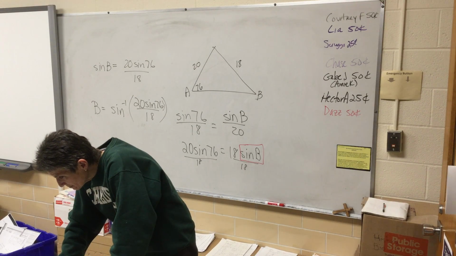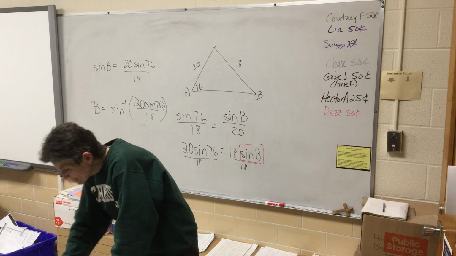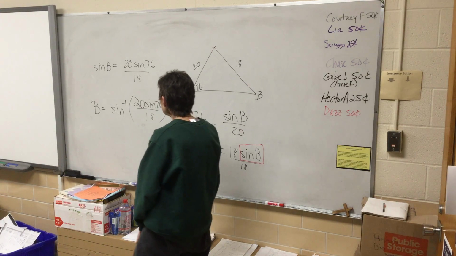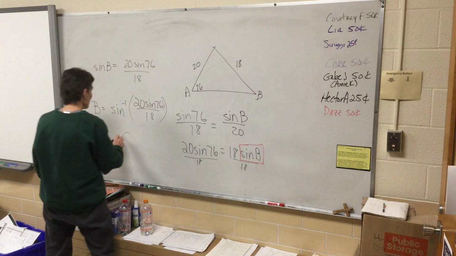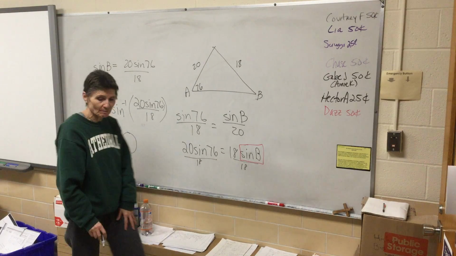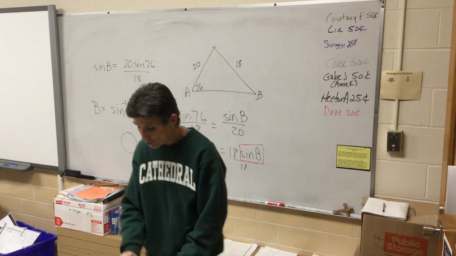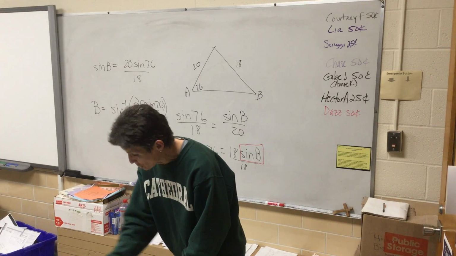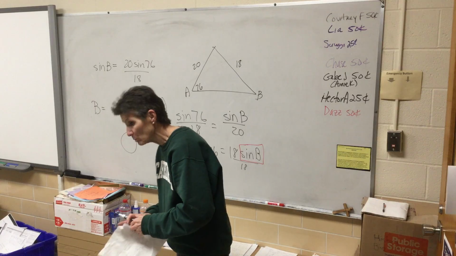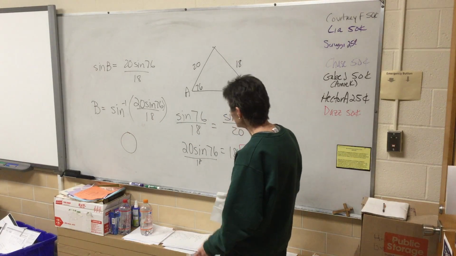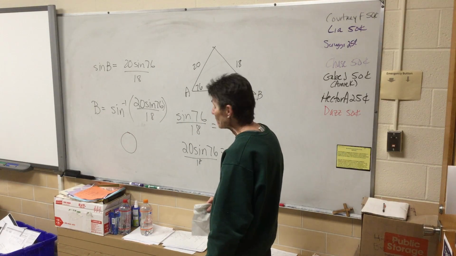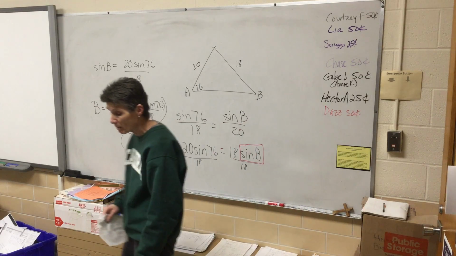What happened? There's an error. That means there are no triangles possible. When you get an error, assuming that you typed it in correctly, which you did, because error is the right answer, that means there are no triangles possible.